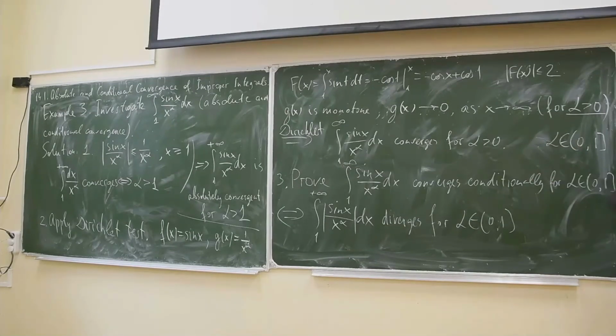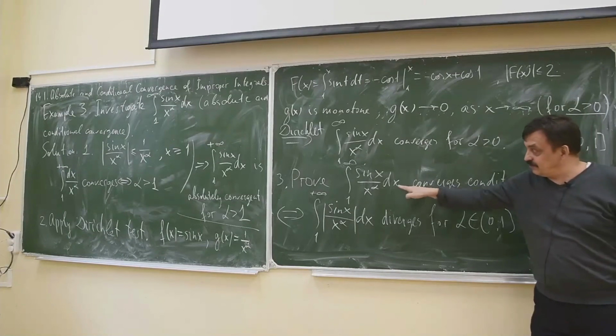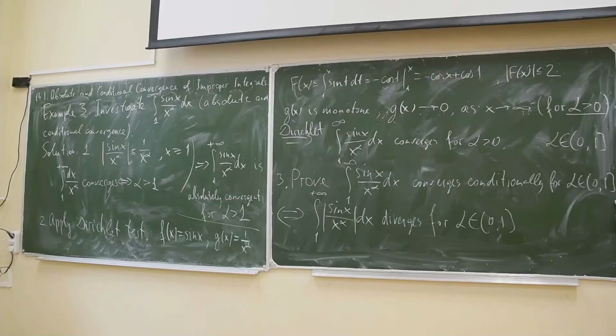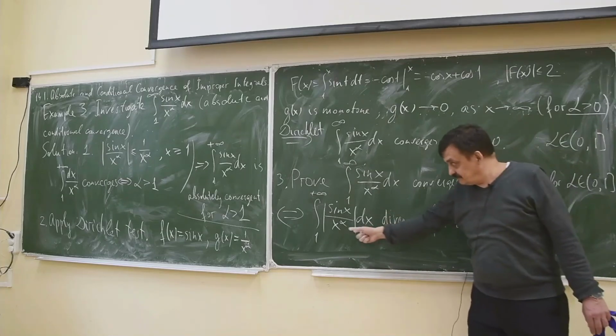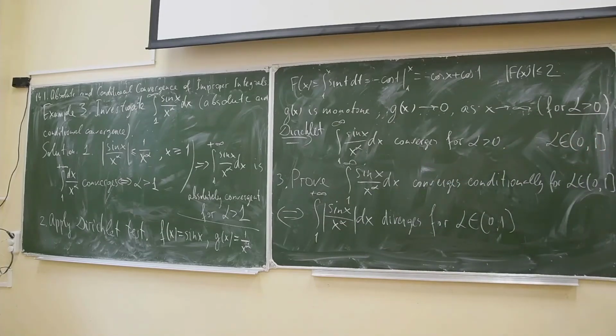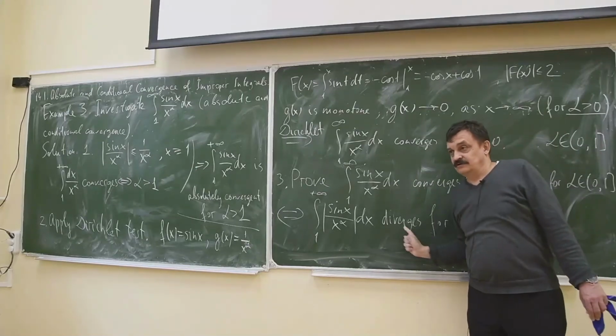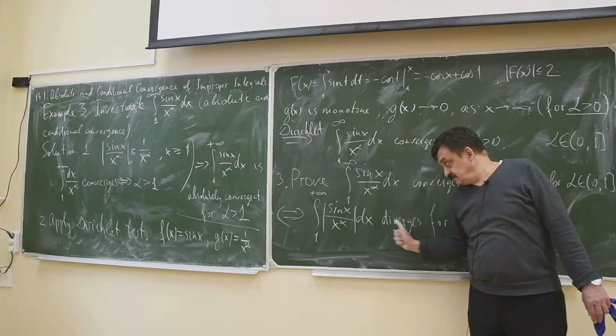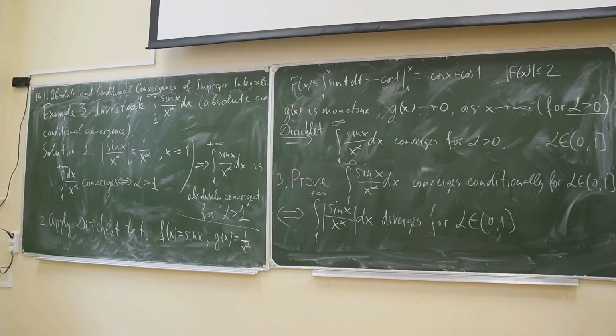In the second step, we have proved that our integral converges for those alphas. And once we know it is convergent, then conditional convergence is equivalent to divergence of the integral of modulus.